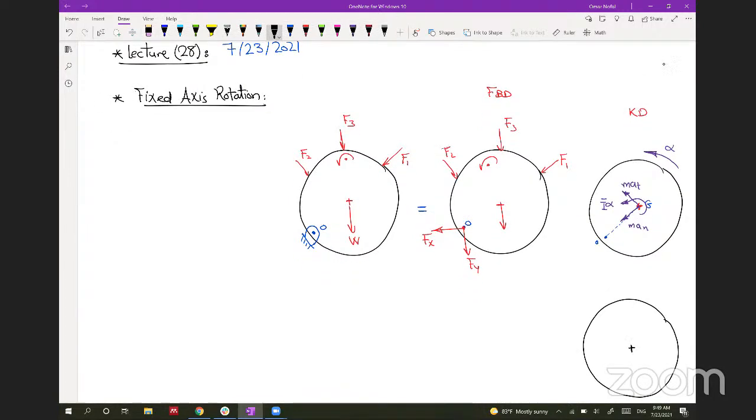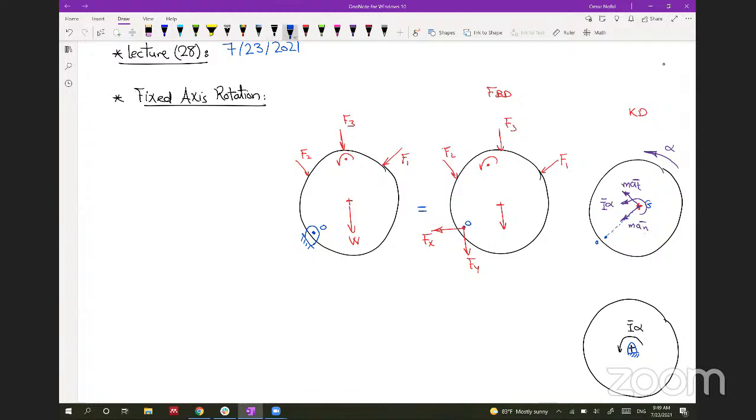If there's a pin here, the center of mass will not have a tangent or a normal component. So the M A tangent at the center of mass, let's put a bar here, will be equal to 0. This body will only be allowed to rotate about this point, and we will have only I bar alpha. So this is the case if we have a disk, or a body that's pinned at the center of mass.